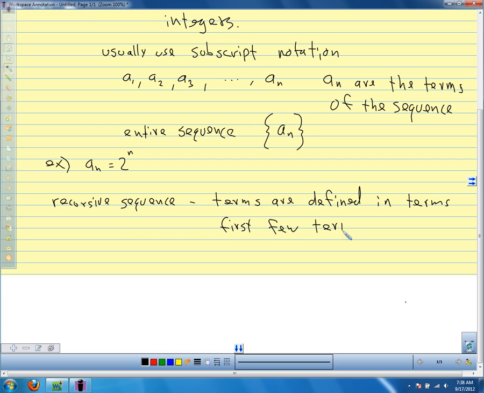Have to use terms a lot here. The terms are defined in terms of the first few terms, usually with a recursive sequence.